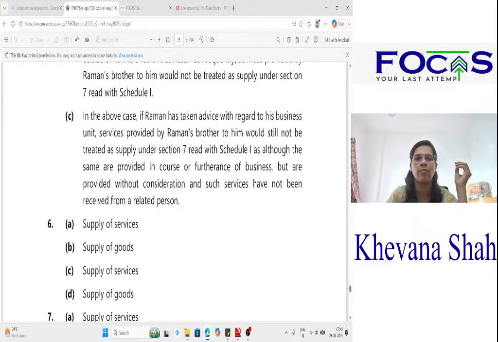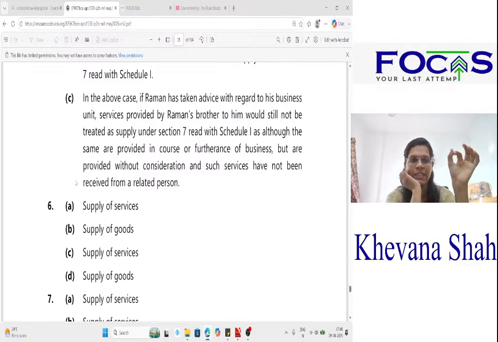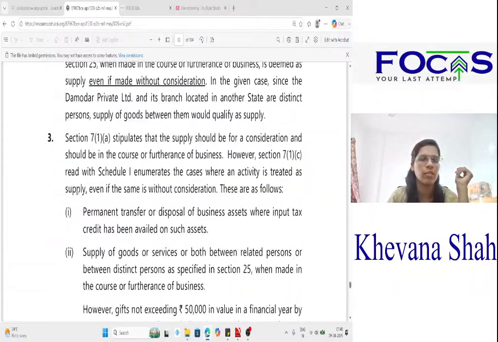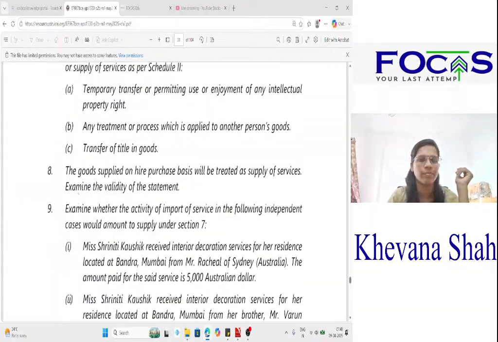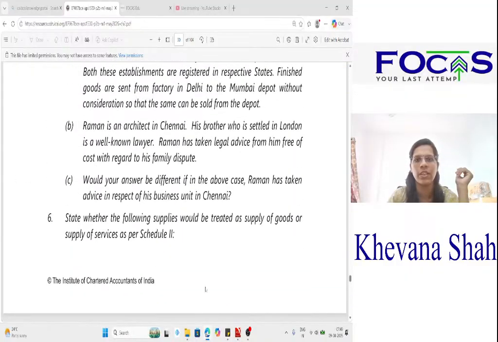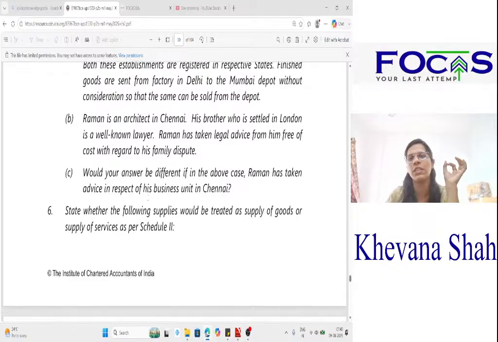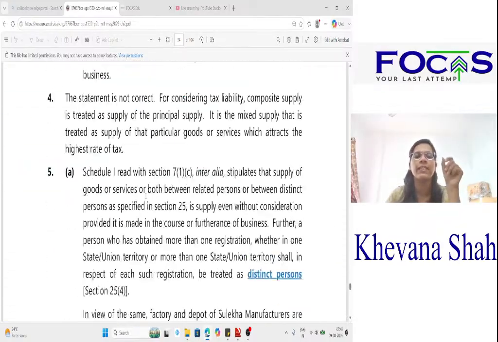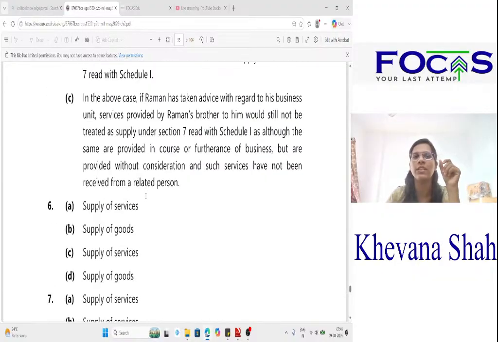Okay. Now, in the last case, check the question here. See what they have given: would your answer be different in the above case if Raman has taken advice in respect of his business unit? Now the only thing that is changing is he is taking this advice for the business unit.